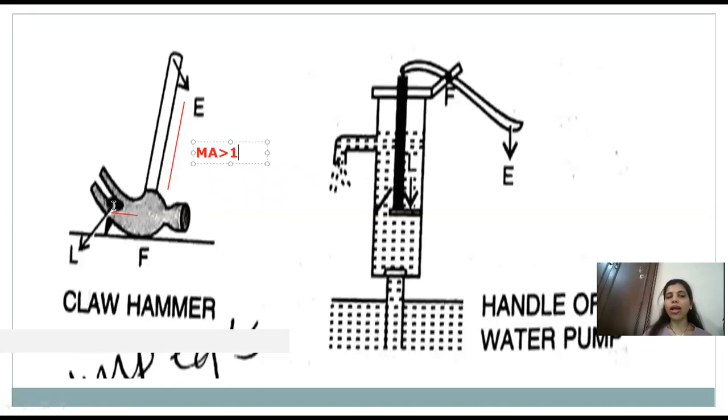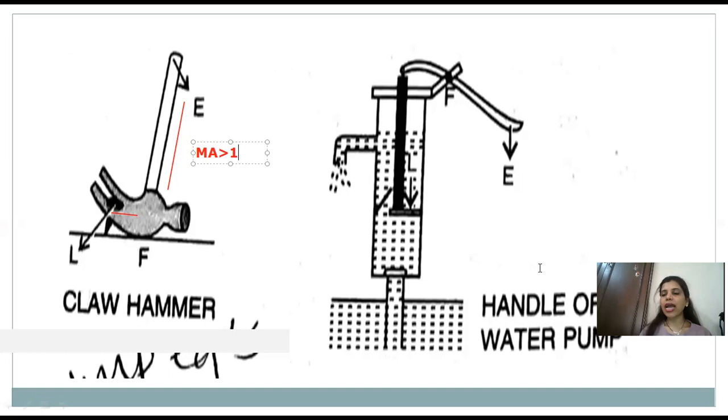Now, in case of claw hammer, you are going to mark the position of the load. They won't be giving this load, fulcrum, and effort. They will be only giving you the figure, and you have to mark the load, effort, and the fulcrum position. And then with respect to this, you have to identify the class of the lever, and you have to say whether MA is less than 1, greater than 1, or equal to 1. This is how the question will be asked.